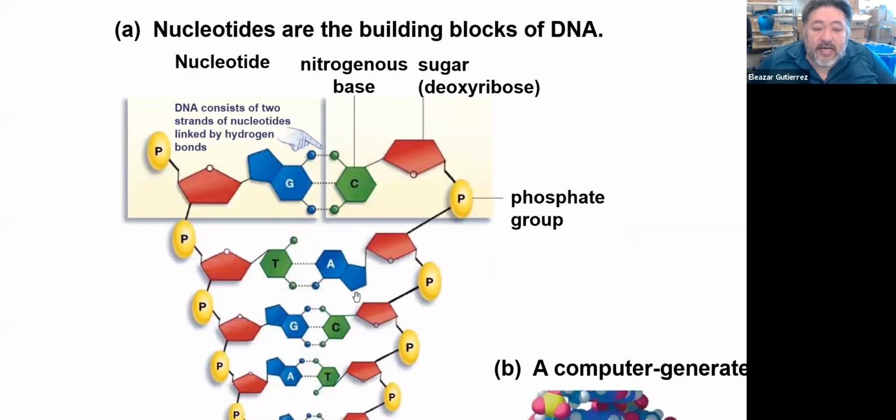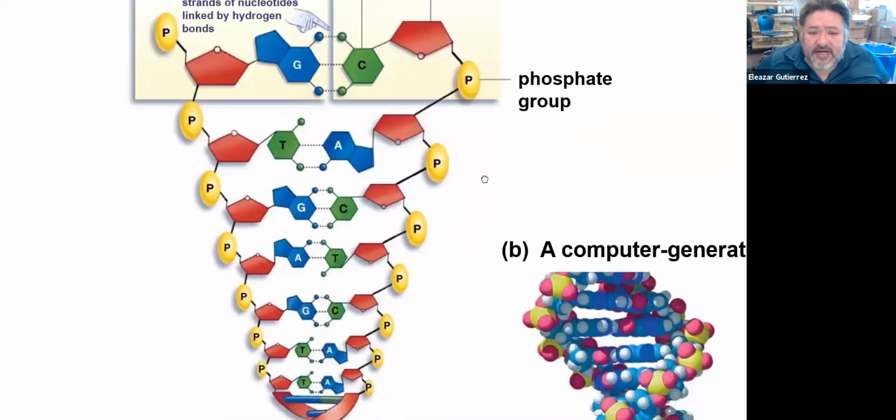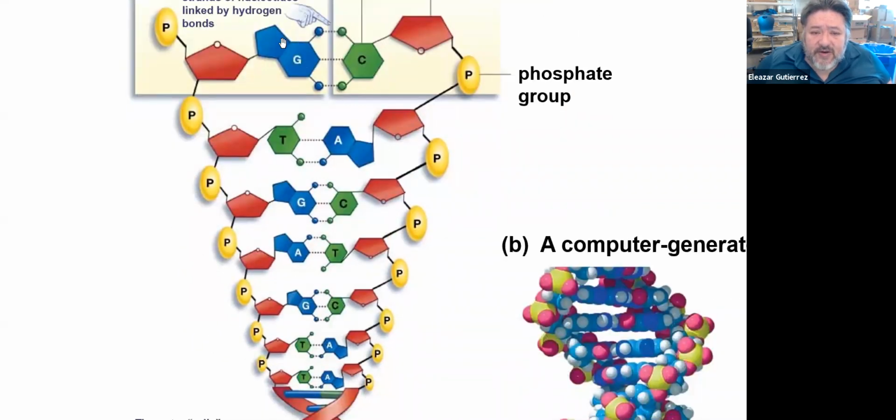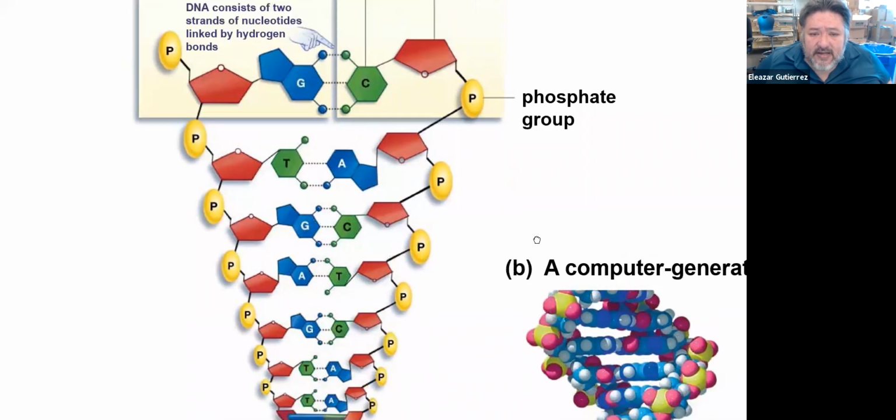Each nucleotide consists of a sugar, okay? This is DNA, so it's going to be deoxyribose, a phosphate group, and 4 nitrogen bases, which here are going to be guanine, cytosine, thymine, and adenine, okay?